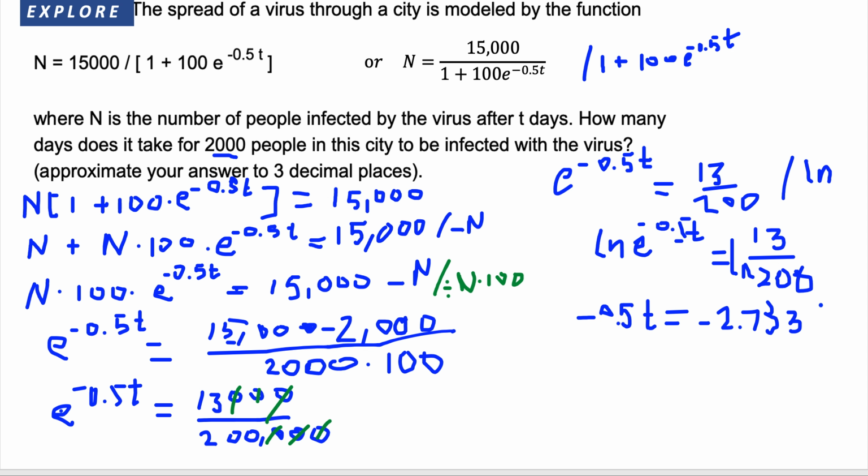And now we divide everything by negative 0.5, and t is equal to negative 2.733 divided by negative 0.5.